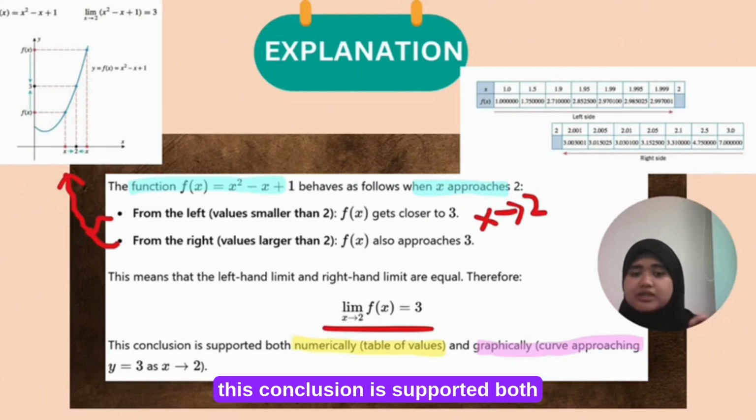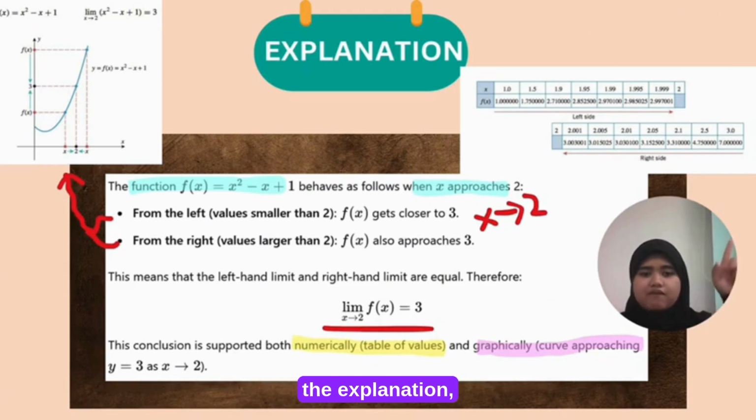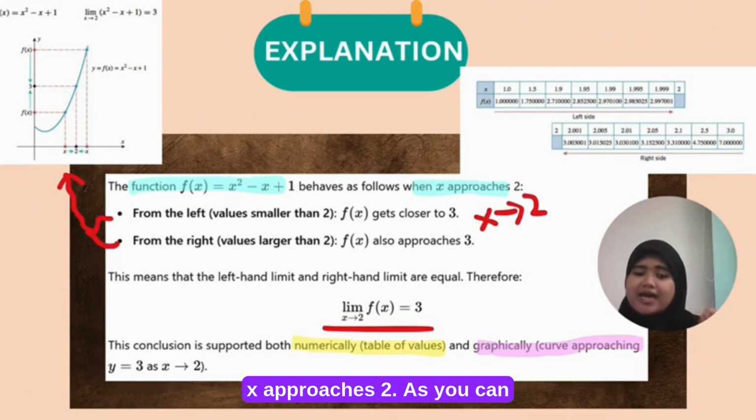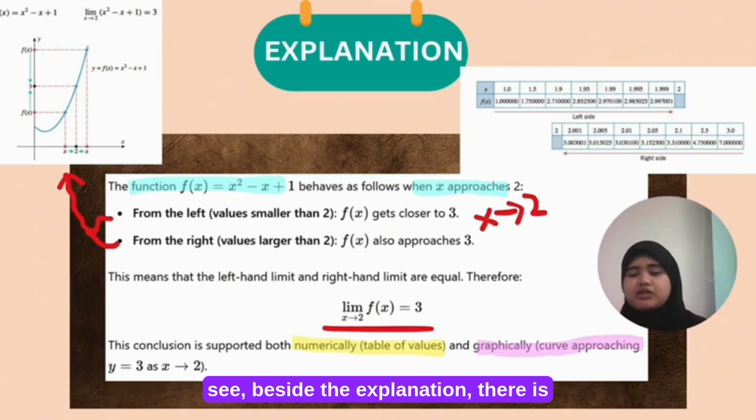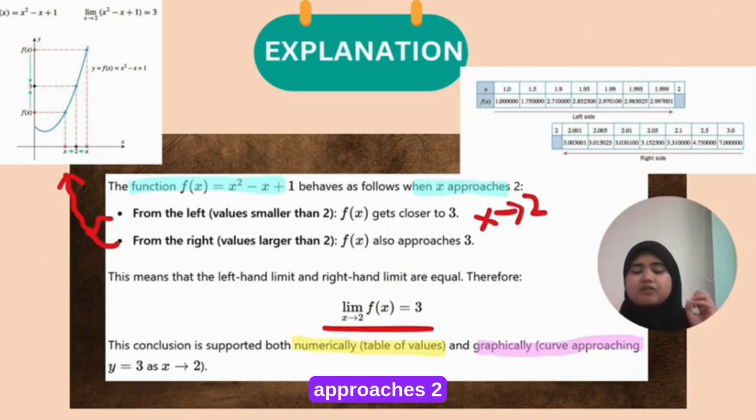This conclusion is supported both numerically, from the table of values below the explanation, and graphically, with the curve approaching f(x) as x approaches 2. As you can see, there is also a graph and a table that prove the limit as x approaches 2 is equal to 3.